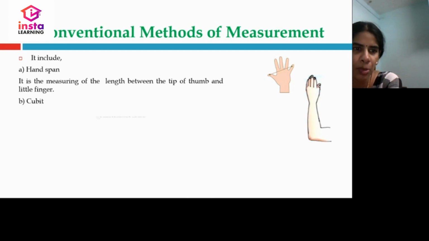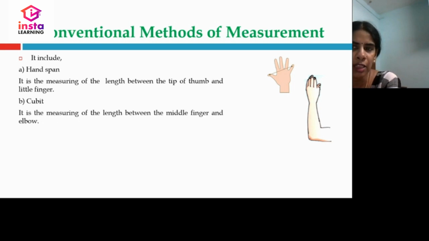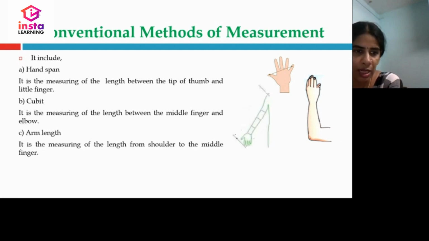Cubit. Cubit is nothing but the measure of the length between the middle finger and the elbow. You can see the flower seller or vendor measuring through that. Arm length. You can see this measuring of length from the shoulder to the middle finger. You can see that in the tailor shop or in textile places.